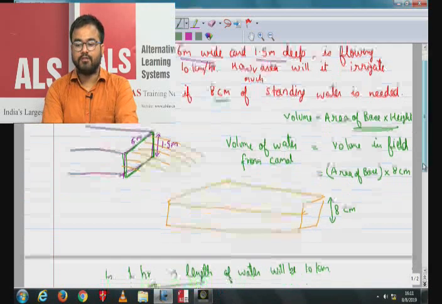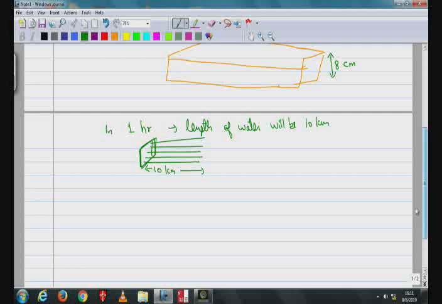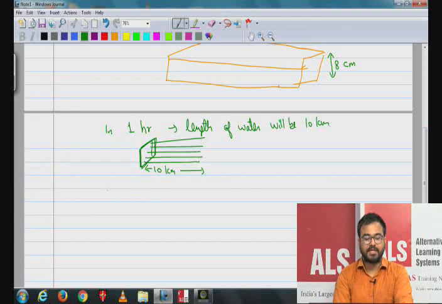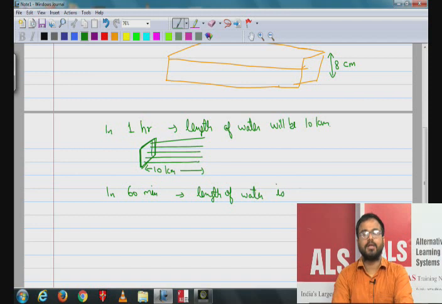So volume of water: in 60 minutes, the length of water is 10 kilometer, and 10 kilometer we can write as 10,000 meter, because in 1 hour the length is 10 kilometer. So in 1 hour, which is basically 60 minutes, the length of water is 10,000 meter.